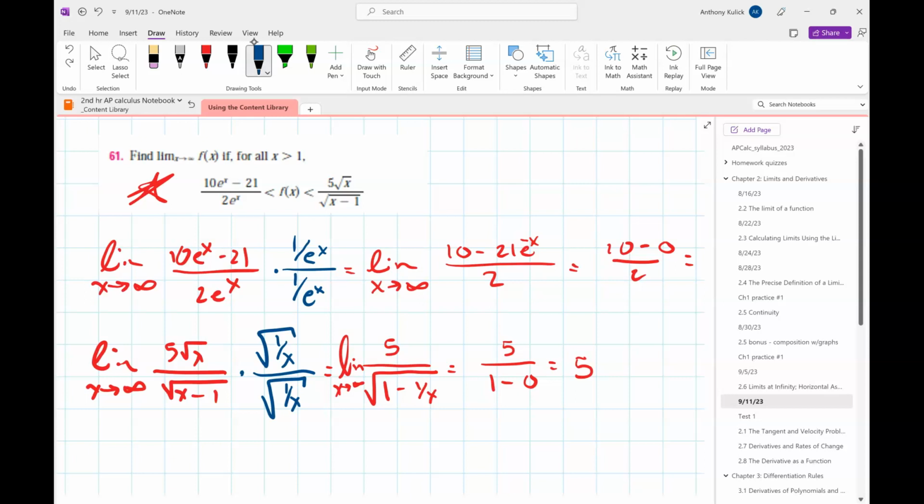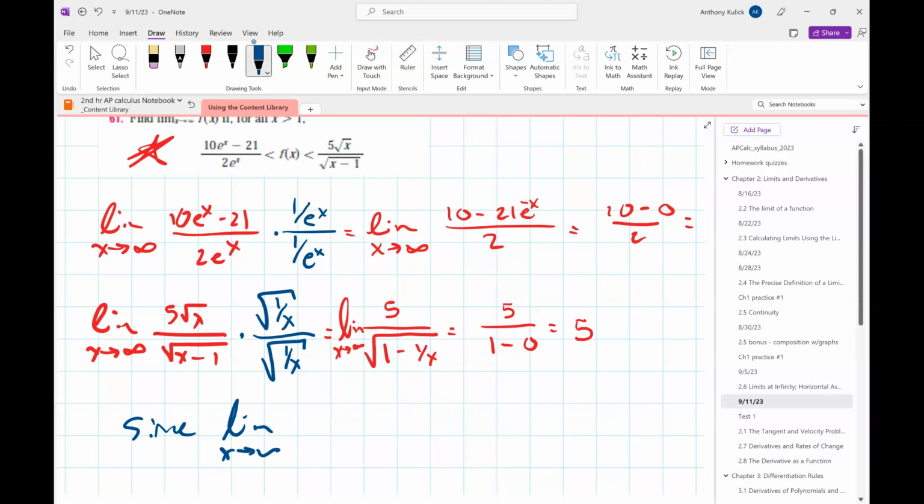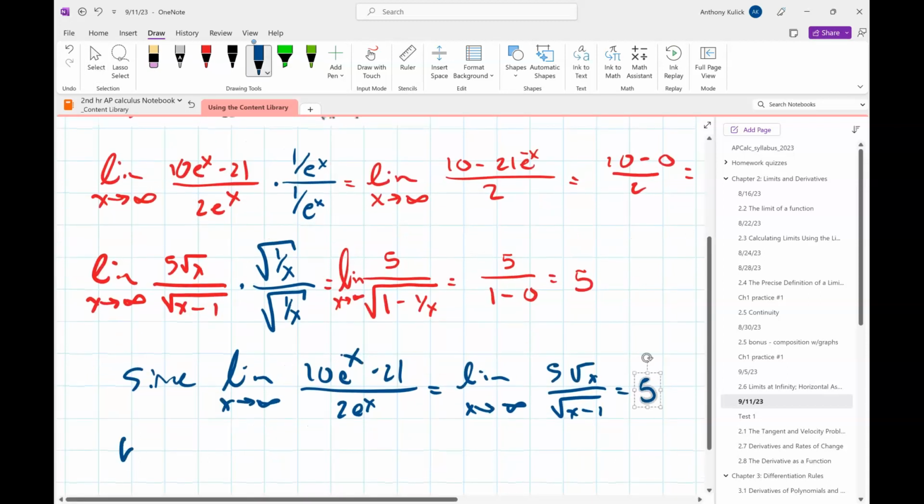Okay, and now we just need to wrap this up, right? So we've done the hard part. Now we can say, since the limit as x approaches infinity of this is equal to the limit as x approaches infinity of this, that's equal to 5 by the squeeze theorem.